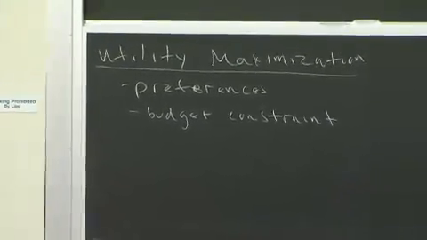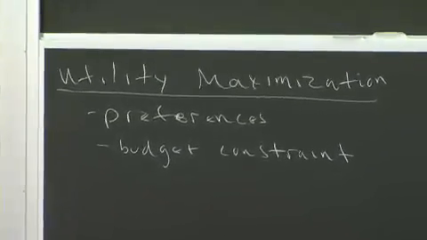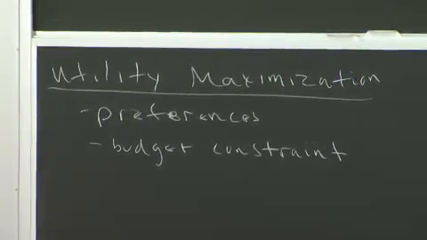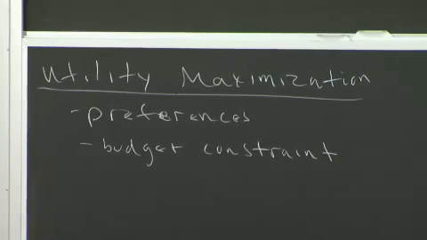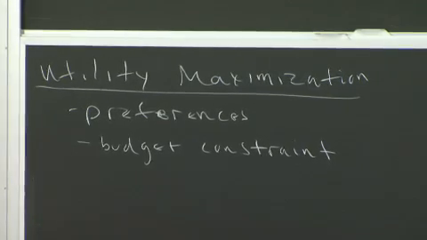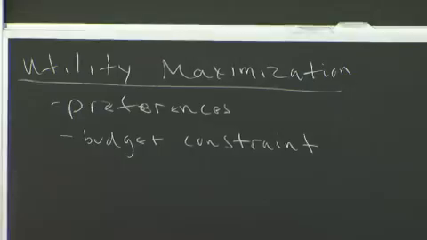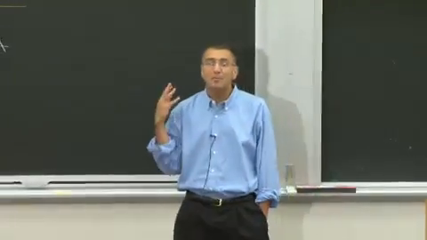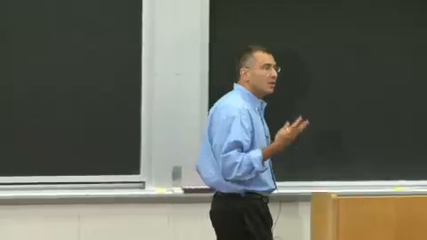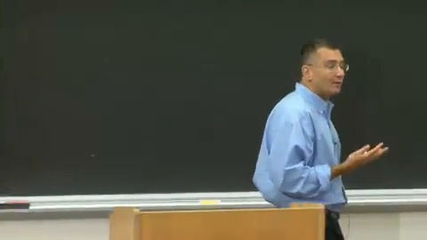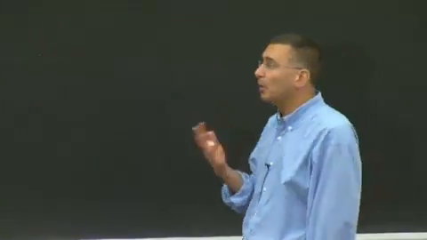And then we do a constrained maximization problem that says, given your preferences, given what you'd like, subject to the resources you have available, what choices will you make? Okay? In particular, we're going to ask, what bundle of goods makes you the best off? Given your preference, given your constraint, what bundle of goods?